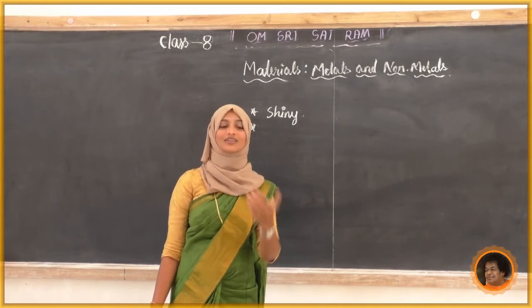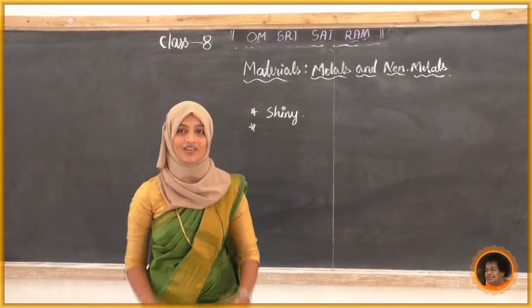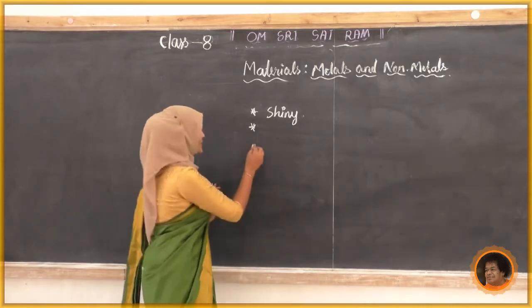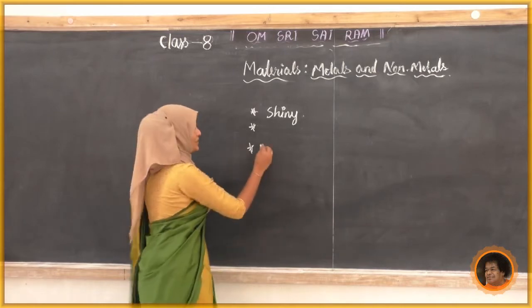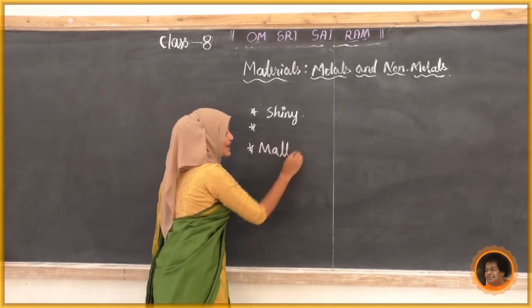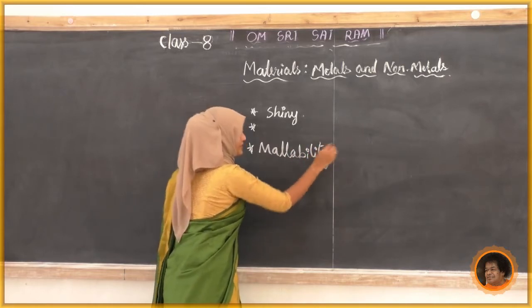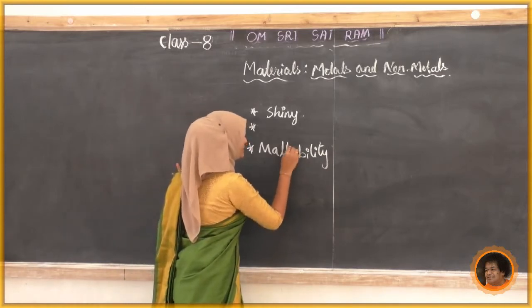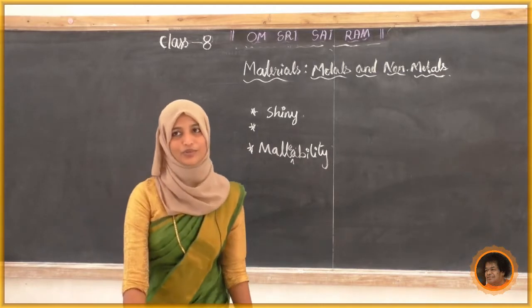Do you know what it is called? This property is called malleability. Yes, write down. This is the third physical property we are studying, malleability. Malleability, with an E. Come to know?